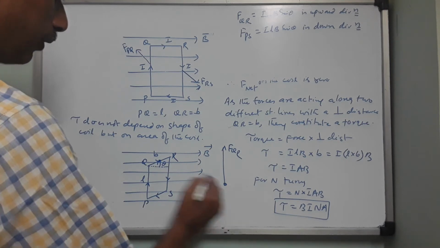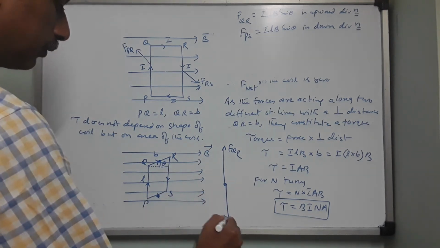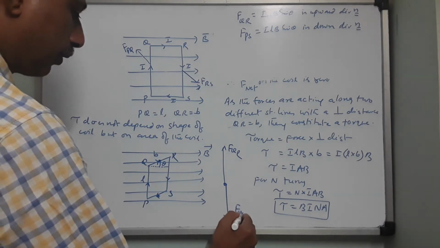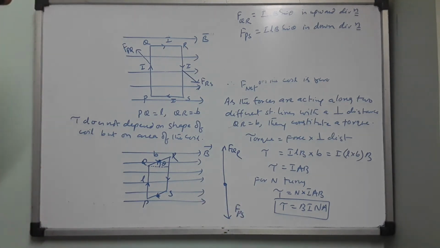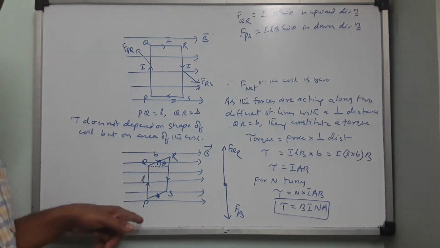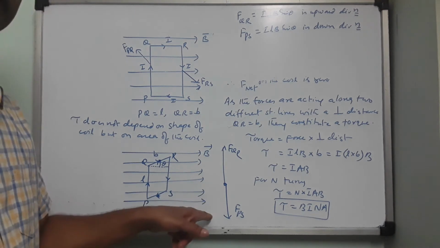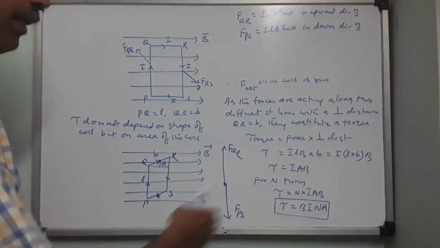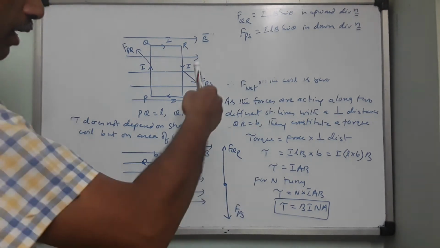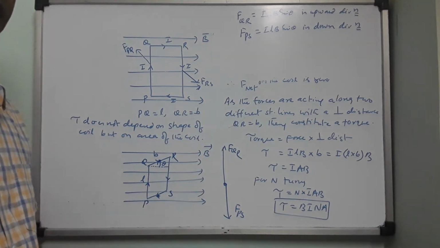So again, these two forces are equal in magnitude, opposite in direction. So the net force because of these two will become 0. Also, there is no torque because of these two, because they do not maintain any perpendicular distance. The line of action of these two forces is the same. So they cannot constitute any torque.